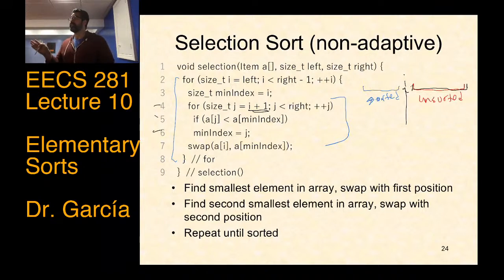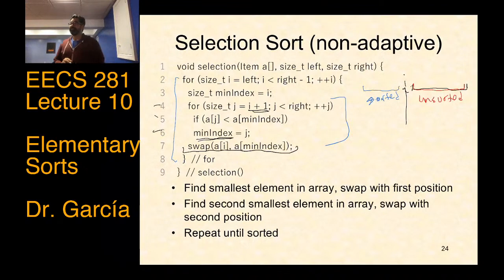Compute the minimum value in the array. You would write code very similar to lines 4, 5, and 6. But the only difference is that instead of fetching what the actual value is, what you're finding is the index of where that value is. So you remember what that index is, and then you use that index to do the single swap here.